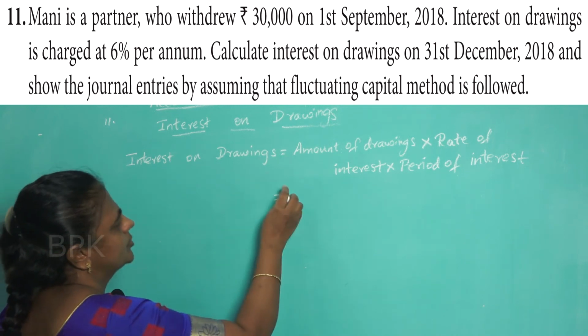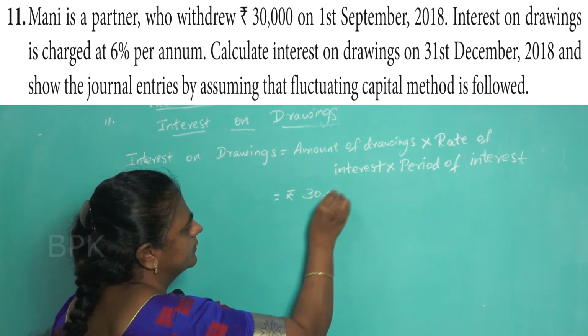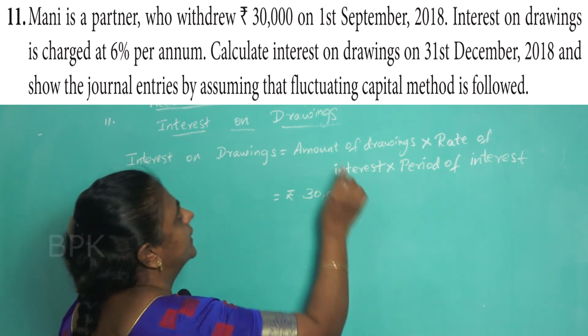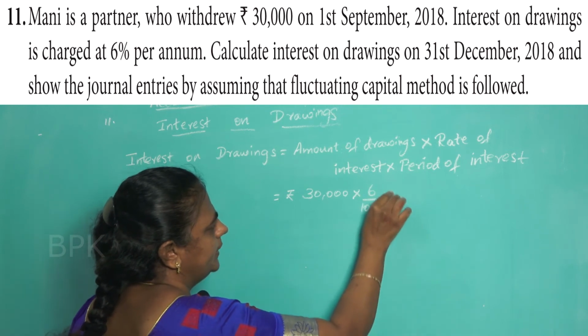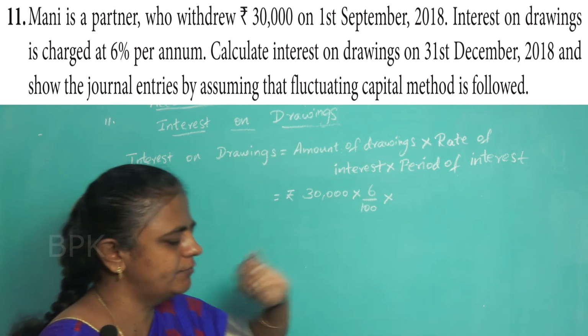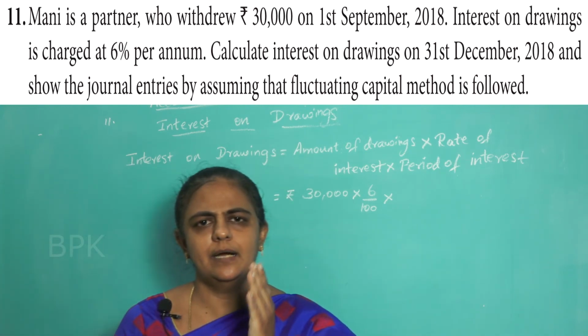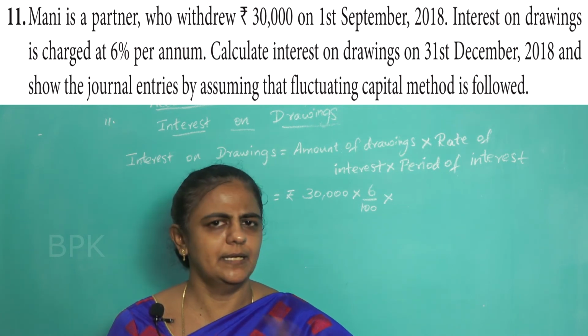Amount, how much is drawing? Is drawing rupees 30,000 into rate of interest 6%, 6 by 100. When he is drawing on 1st September. So, before that you have to know when is the accounting period ending. It is ending on 31st December, that is clearly given in the question.